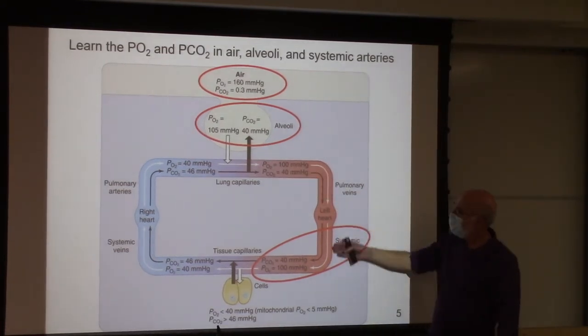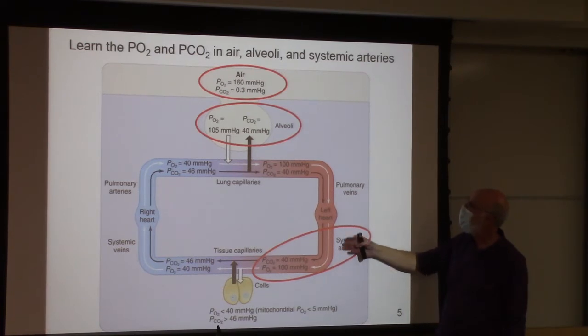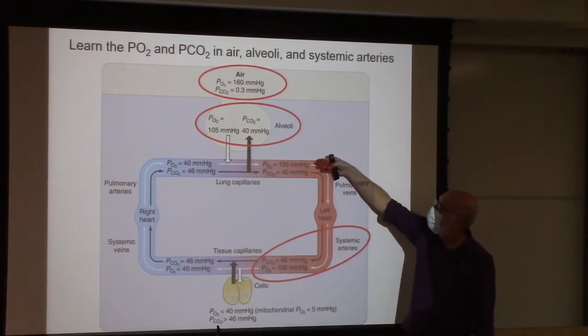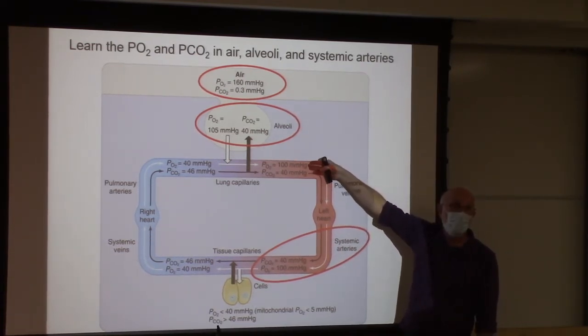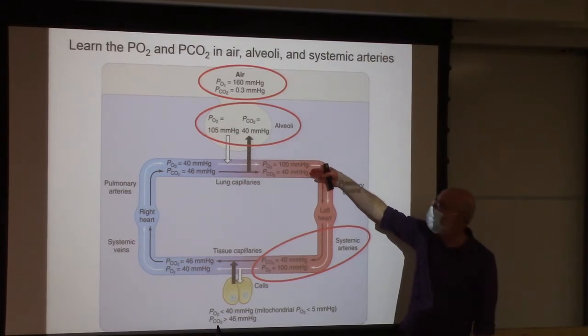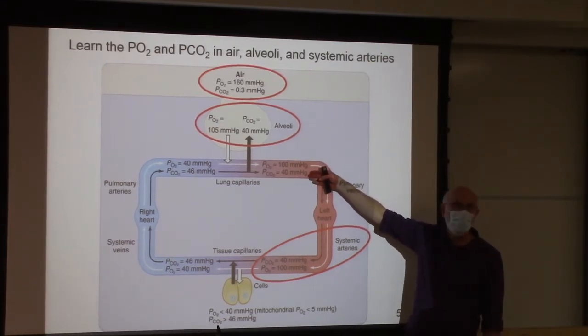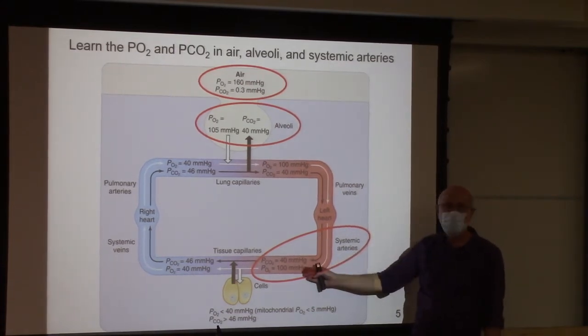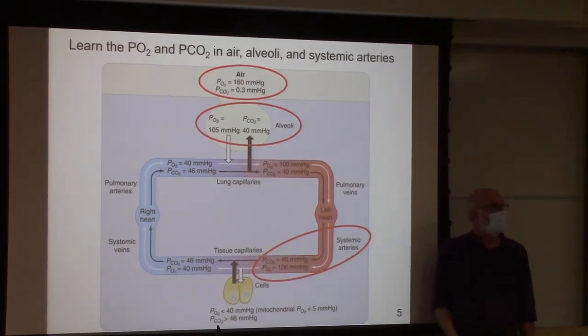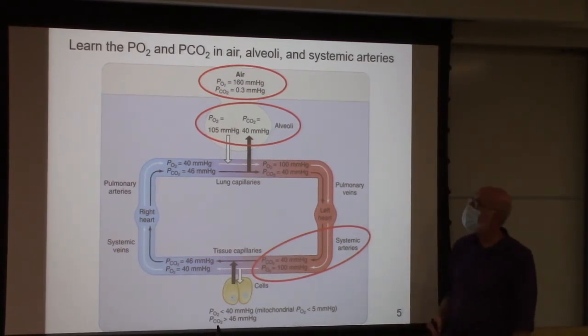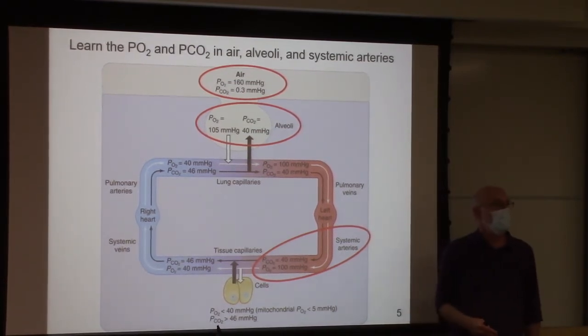So we have arterial blood that has about 100 millimeters of mercury partial pressure of oxygen and about 40 millimeters of mercury of carbon dioxide in the systemic arteries. All of those numbers are numbers to know.